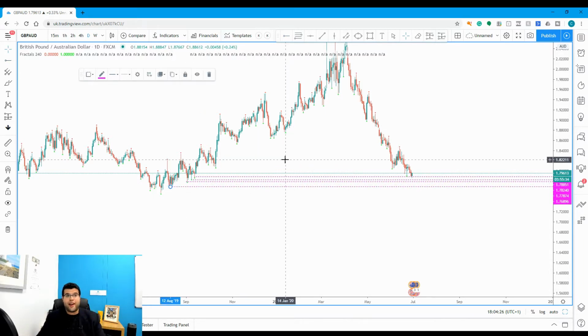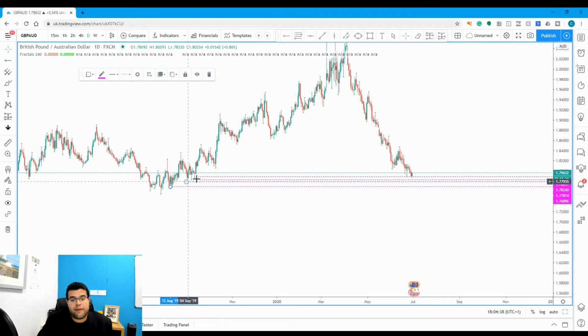Technically that's correct, but from a practicality perspective, it's just not practical to look at all of these levels individually like that. What's more practical is to clump them together and view this as more of a range rather than a fixed price point level, if that makes sense.